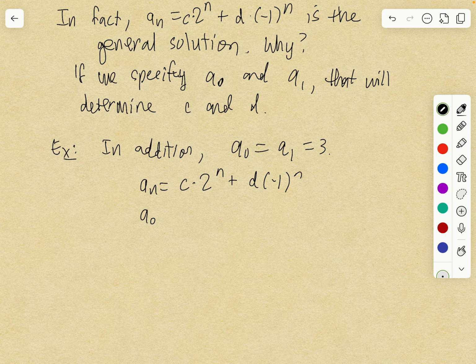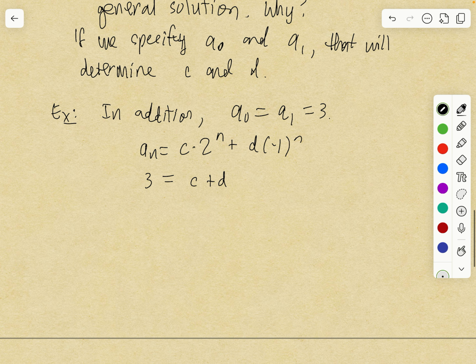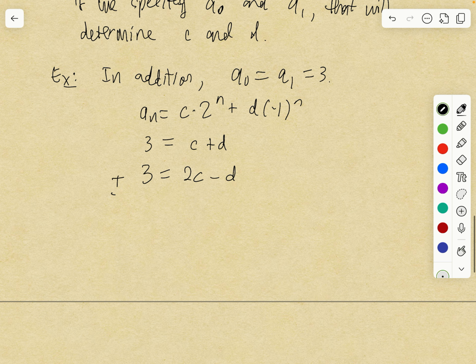Well, if a0 is 3, substituting n equals 0, we get 3 equals c times 1 plus d times 1, so that's c plus d. And then substituting n equals 1, we get 3 equals 2c minus d. And can we solve for c and d? Yes, we can.